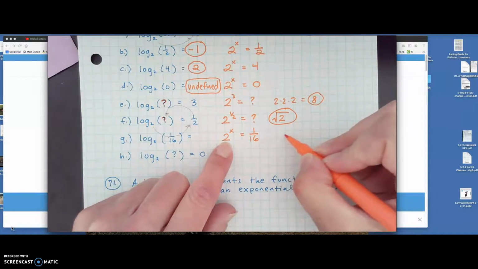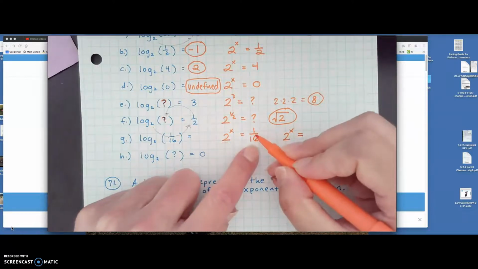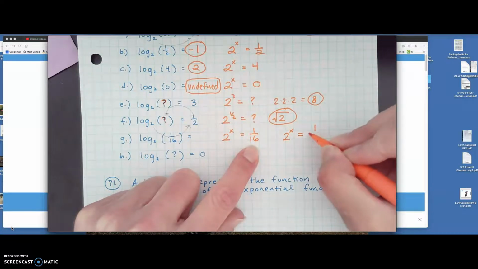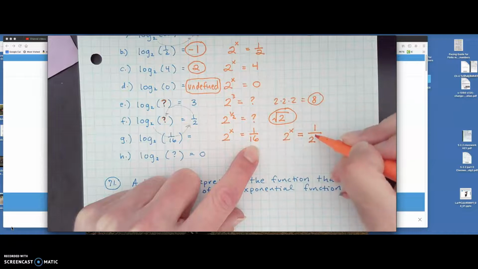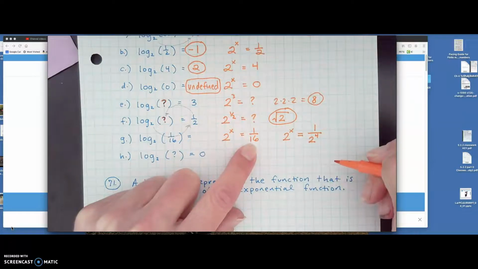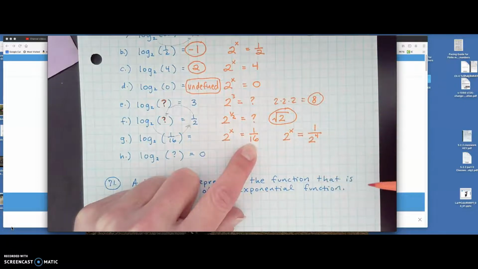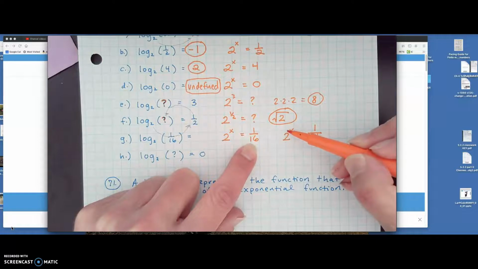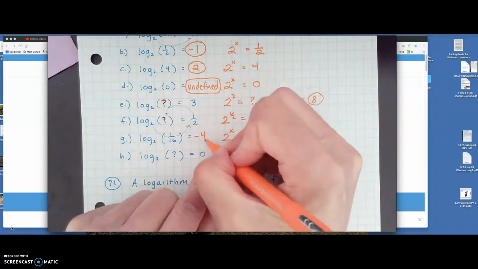So if I have 2 to the x power, and I'm going to set it equal to, instead of 1 over 16, I'm going to think of it as 1 over 2 to the 4th power, which is 16. So what that means is for this exponent to turn to the fraction, the x must have been negative. So we're just going to have to use our answer. It was -4. So x is going to equal -4.